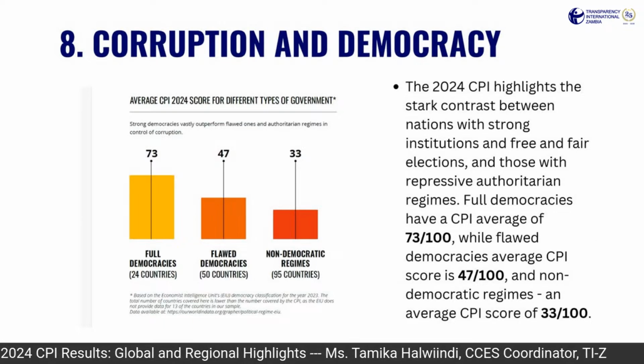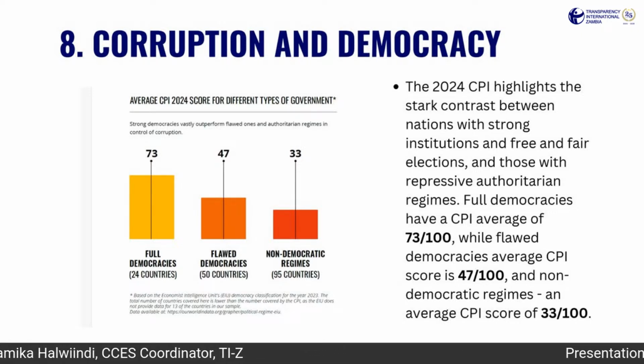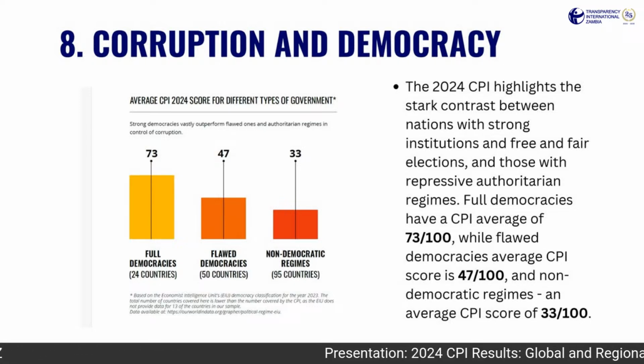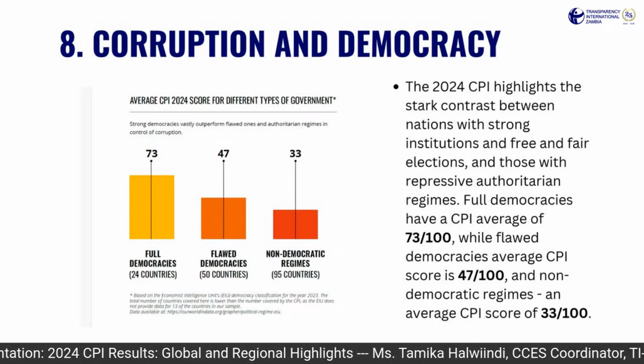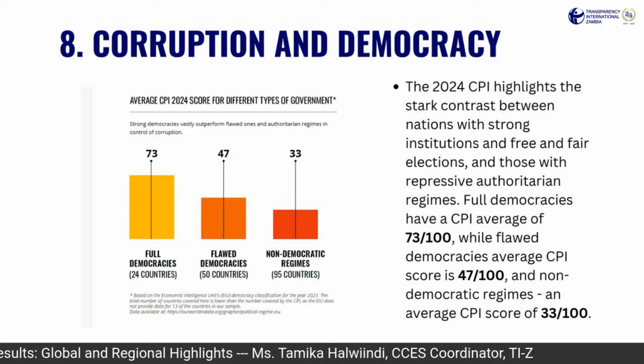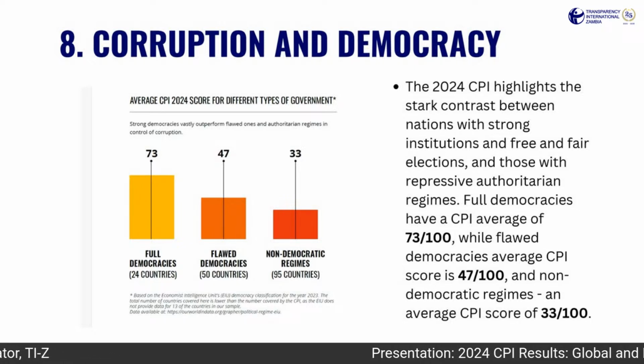The analysis for the 2024 CPI also tries to contrast the relationship between corruption and democracy. And from the analysis, what we do find is there seems to be a correlation of sorts between corruption and democracy. So despite some outliers, the analysis shows that in countries that are classified as full democracies, so that's 24 countries, their average CPI score is 73.